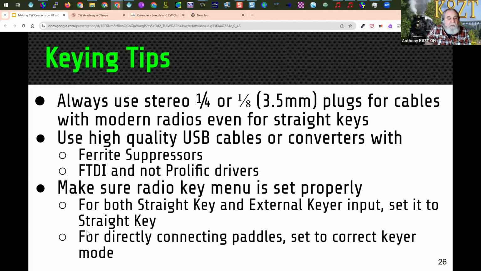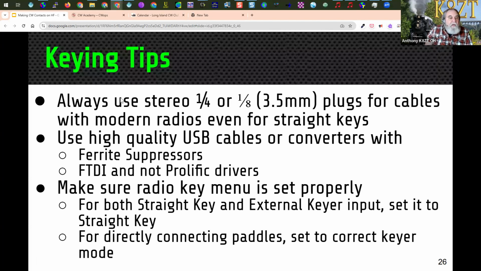Some auto sense, some don't, so you might need to make some settings in your radio. Basically, make sure your radio keying menu is set properly. For both the straight key and external keyer, set it to straight key mode. For directly connecting paddles, set it to the correct keyer mode. You'll find there are a couple different modes, mode A and mode B, and these have to do with self-completing of characters, a little beyond what we're going to talk about tonight, but there are different modes that you can key with.